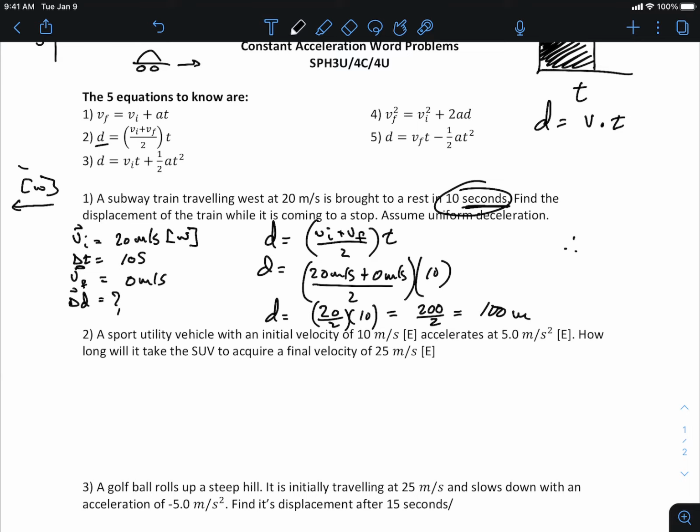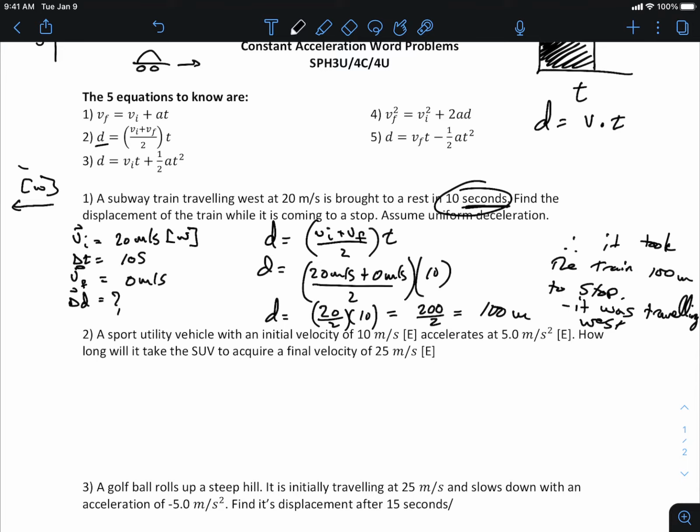So therefore, it took the train 100 meters to stop. It was traveling west, which we already kind of know. I suppose for this question, it doesn't matter too much. Okay, the sign just dictates which direction it's traveling in.